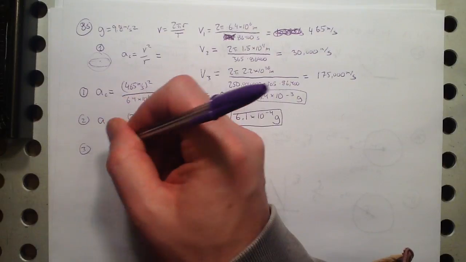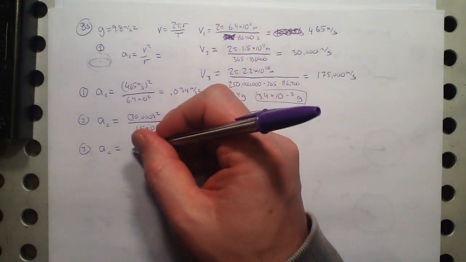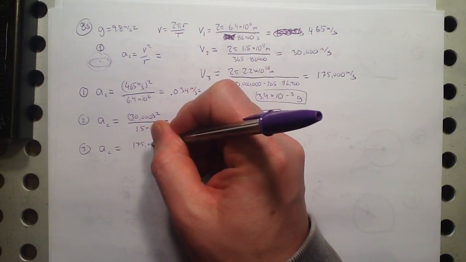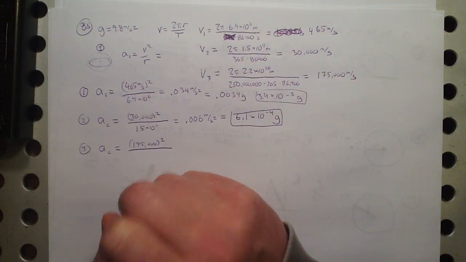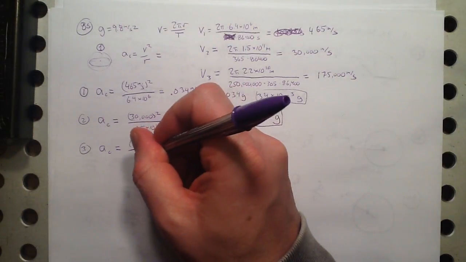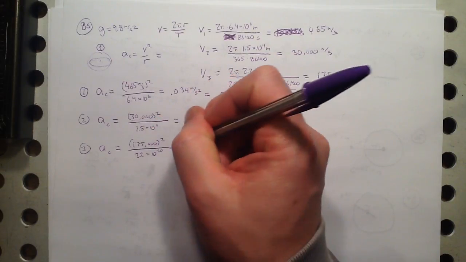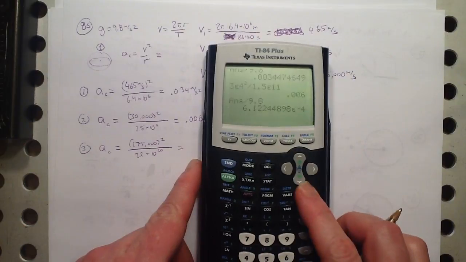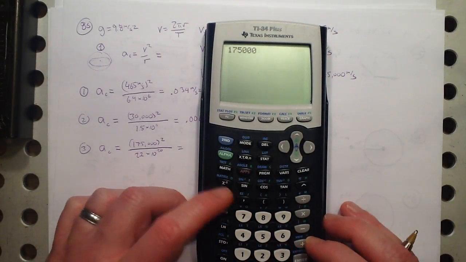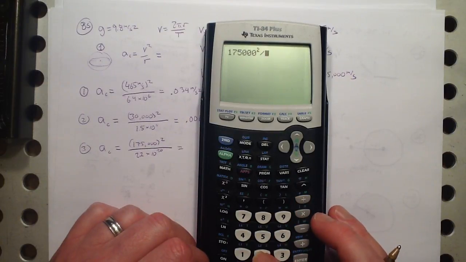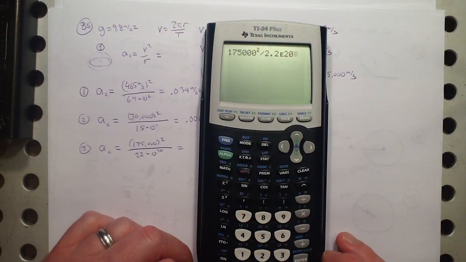And then finally, in our biggest circle, we are going 175,000 meters per second squared over the big circle radius, about 2.2 times 10 to the 20th. So 175,000 squared over the radius, 2.2 times 10 to the 20th.